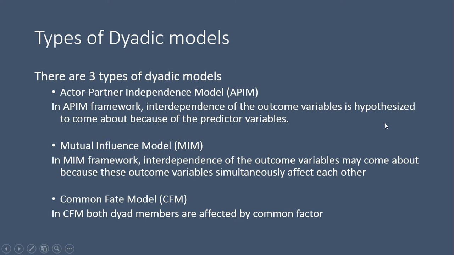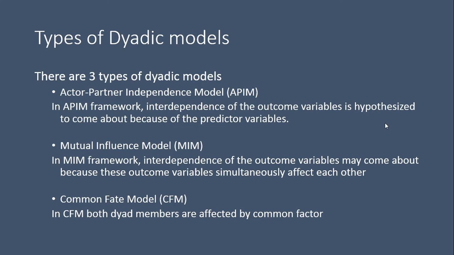There are three types of dyadic models: the actor-partner independence model, the mutual influence model, and the common factor model. For the actor-partner independence model, the outcome variable is hypothesized to come about because of the predictor variables. In the mutual influence model, the difference is that the outcome variables may come about because the outcome variables simultaneously affect each other.